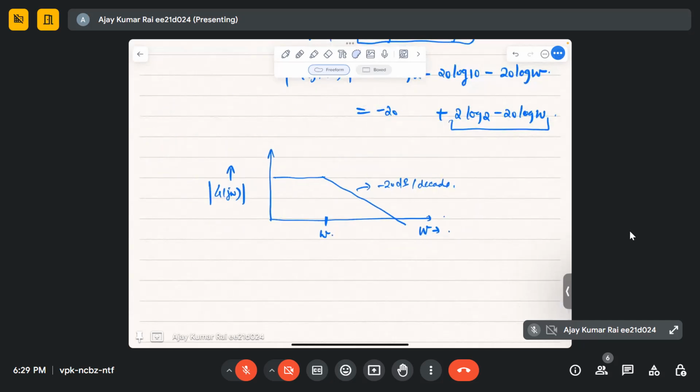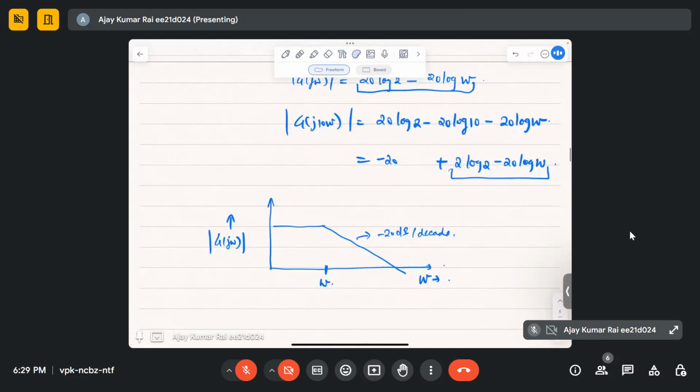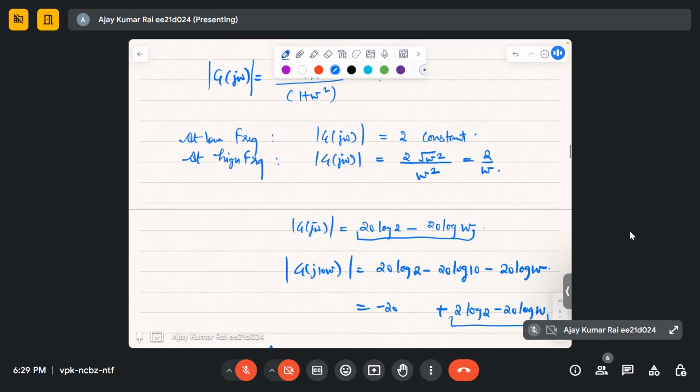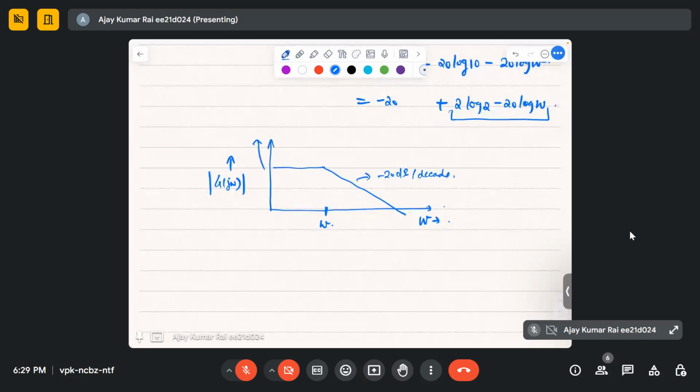And also what we need is phase information, so we know this is how it looks. Here also we know the magnitude. At lower frequency the magnitude is constant 2, so this is 20 log of 2, which will be negative. I'm writing in dB. But we want to plot the phase also.